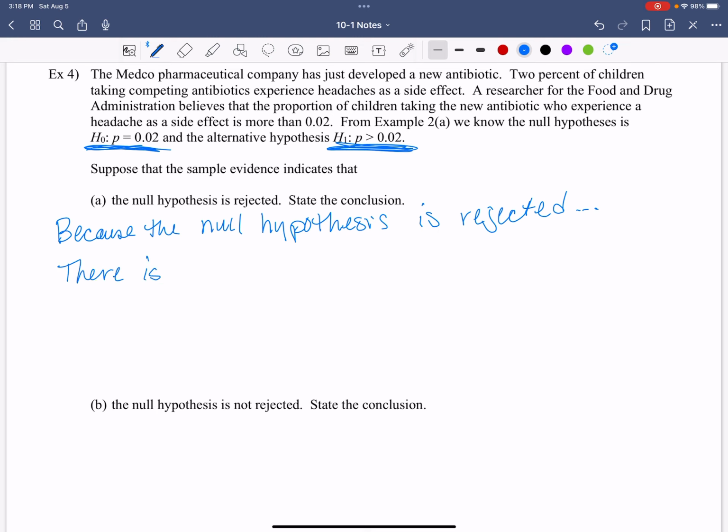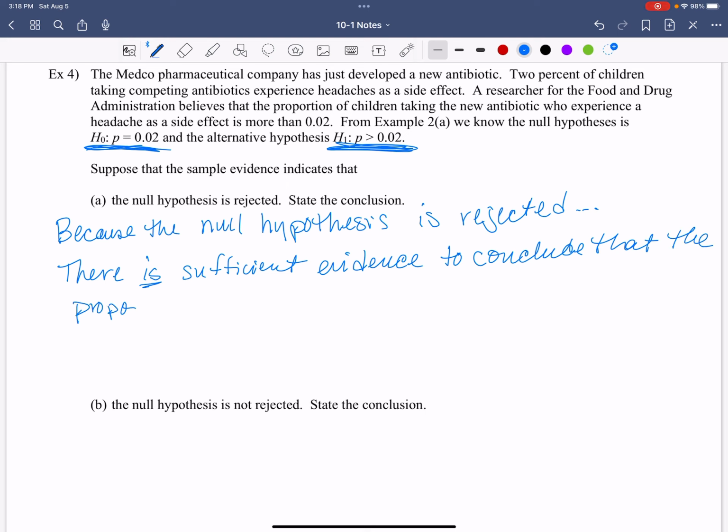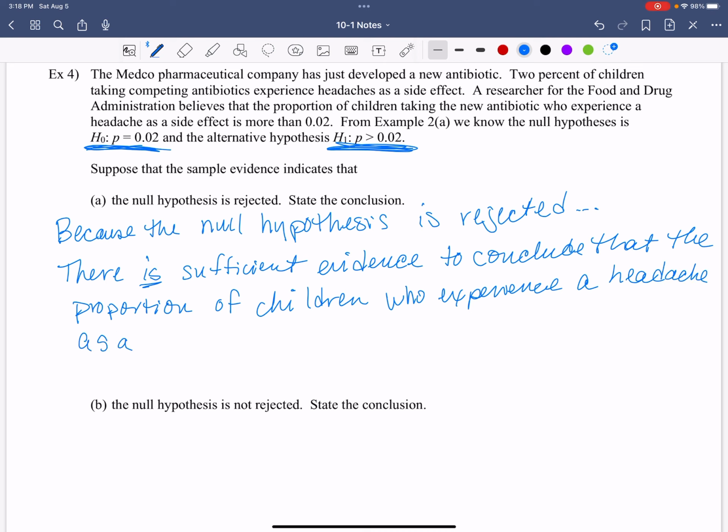There is sufficient evidence to conclude that the proportion of children who experience a headache as a side effect is more than 0.02.